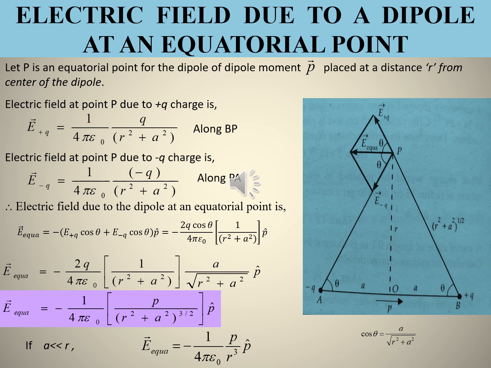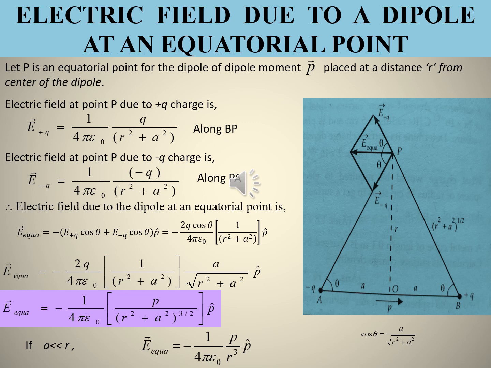Only the cosine components remain, so that finally the electric field due to the dipole at an equatorial point is only due to the cosine components, and it is given by the expression E_q cos theta plus E_minus q cos theta multiplied by P cap with a minus sign, where P cap is one unit vector along the direction of electric dipole moment vector P vector.